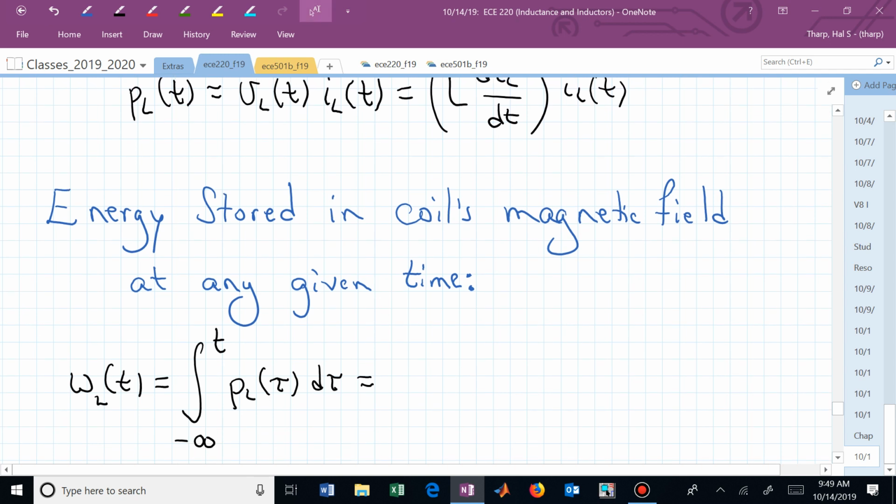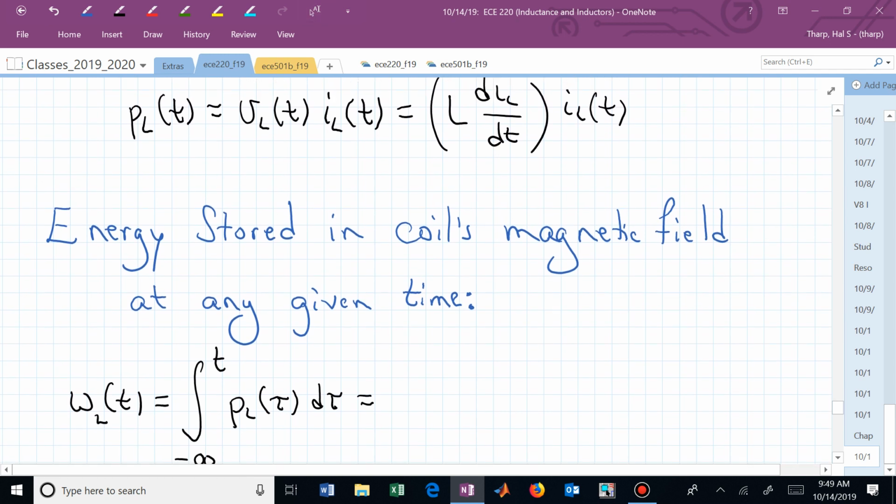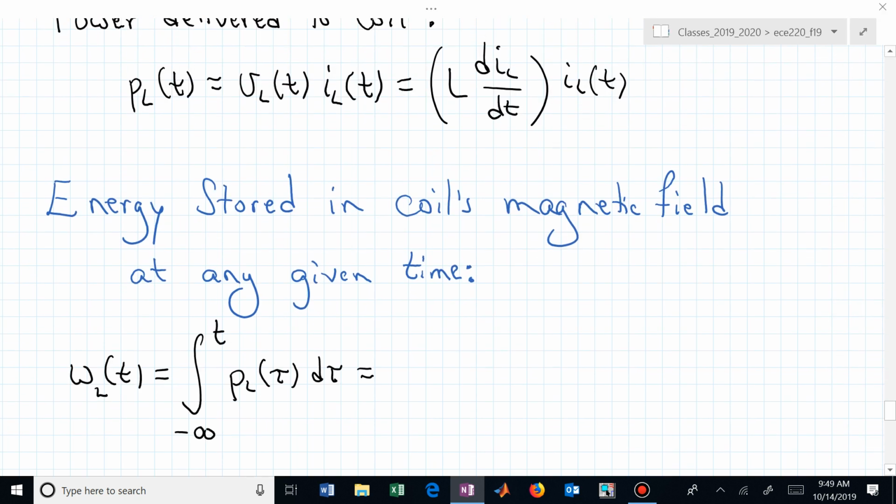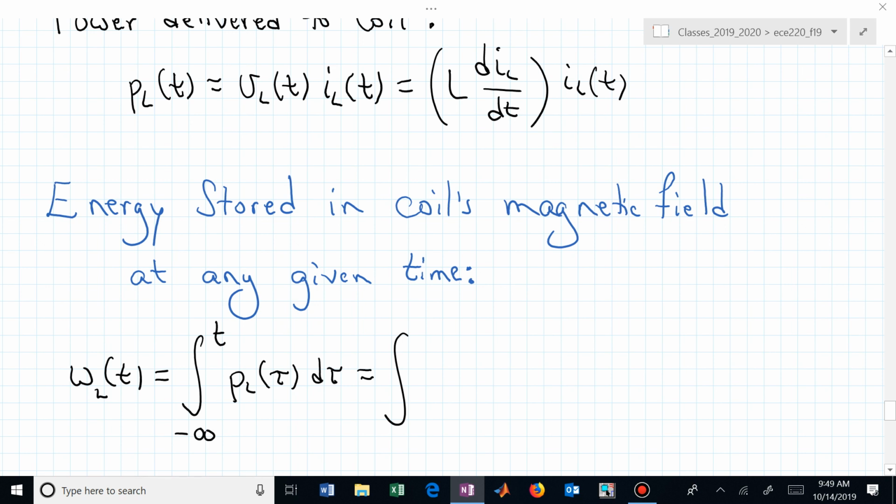And now we can have this formula for the energy. Now we have this integral from minus infinity to t of L di sub L dt, i sub L, and now let me change that to the variable of integration, d tau.